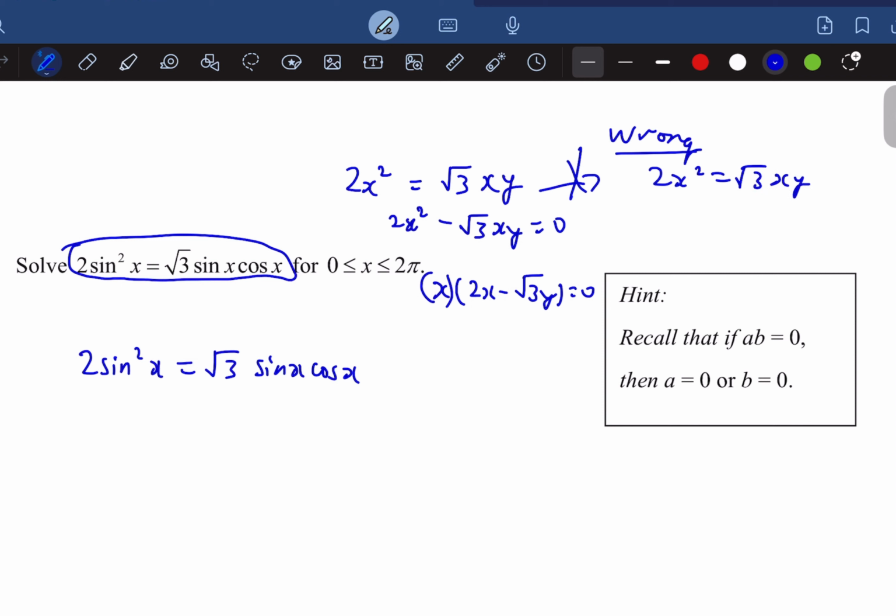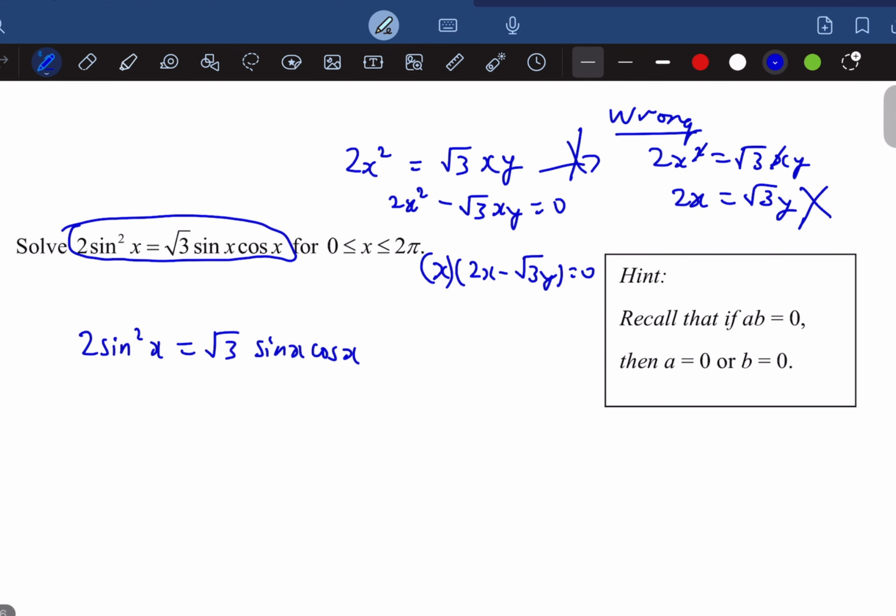Then they say, oh, I divide by x on both sides, so it becomes 2x equals to square root 3y. This is wrong. Why? We can divide by numbers on both sides of an equation. We can times numbers on both sides of the equation. But we cannot divide or times variables on both sides. So we need to be very, very mindful about this.